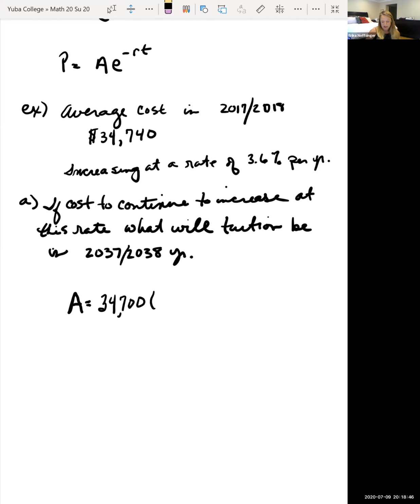And then we have 1 plus our interest rate. Our interest rate is 3.6%. We need to rewrite this in decimal form, not in percent form, so move your decimal over 2 places. And so we have 0.036.